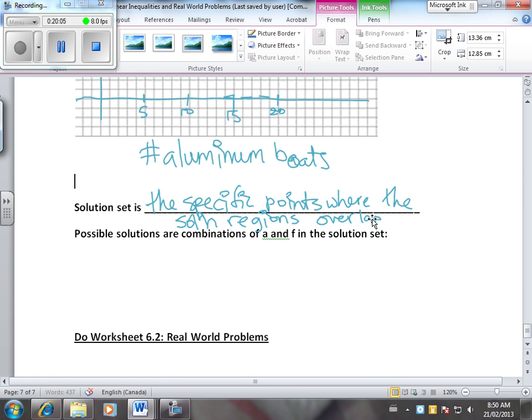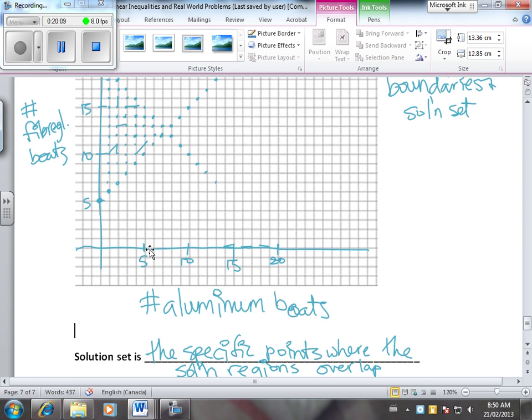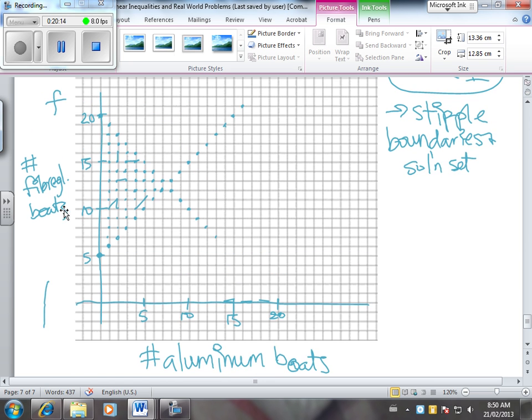Okay, and possible solutions are combinations of points of A and F in the solution. So let's pick 2 points in here. How about this point here? So let's pick 2, 12. So that point, and that's 2, 12. And then let's pick 4, 14. So on the x-axis over 4 and then up 14.